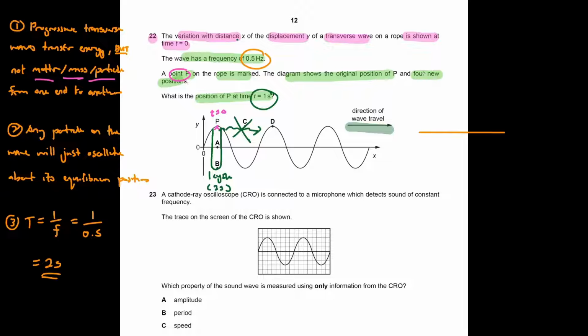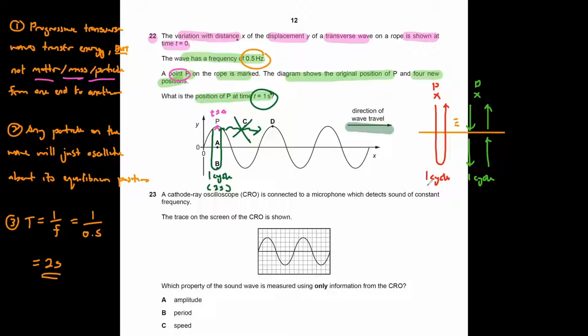If this one was your particle P, I mentioned to you that it will just go down and then go up. This is one cycle. But that same oscillation, you can actually break it out into 4 separate parts. This is the same particle P. You can break it out into one part like this, another part like this, another part like this, and another part like this. These 4 separate parts add together will still give you one cycle.